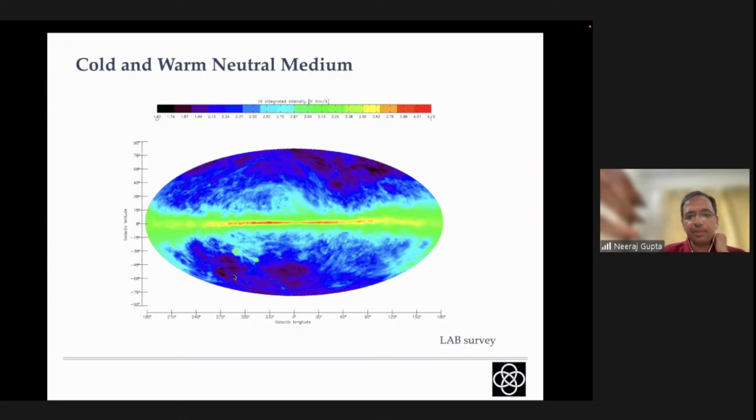So what we are seeing here on this image is the H1 map of our own galaxy, Milky Way.